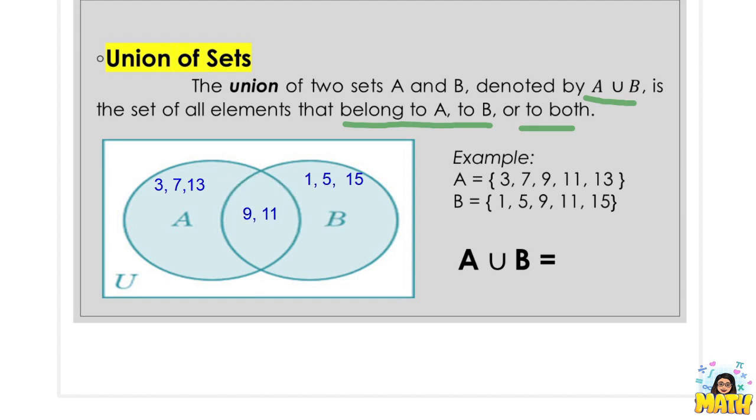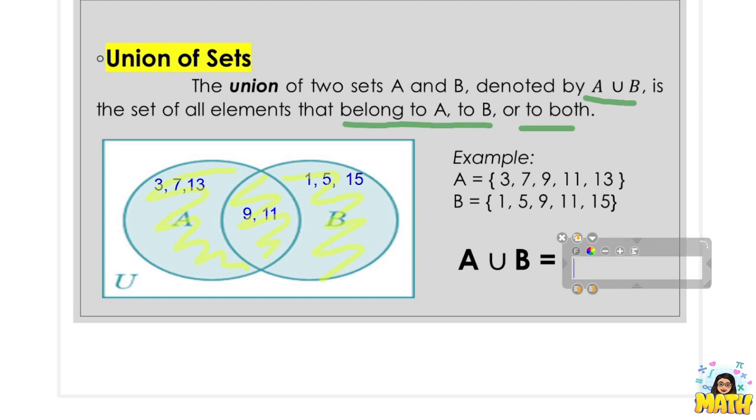So kung napansin nyo naman sa Venn diagram na ito, naka-shade lahat. Meaning, the union of two sets is the set of all elements that belong to set A, to set B, or to both. So, kumbaga, kinumbine lang natin at ginawang united lahat ng elements.